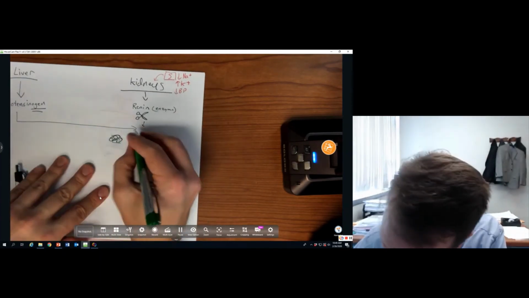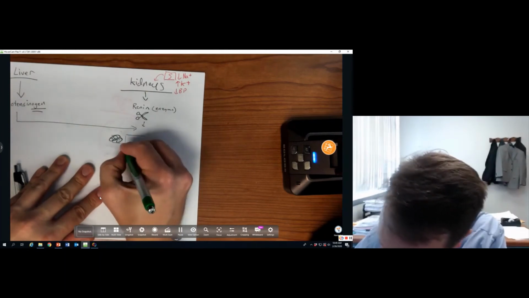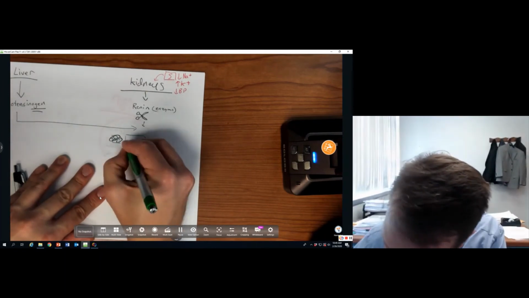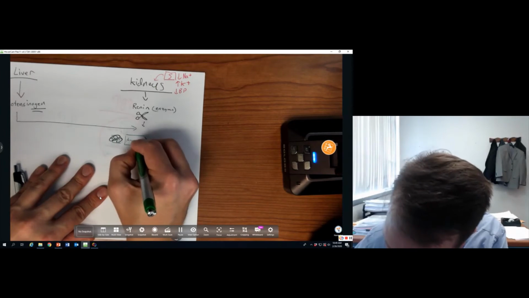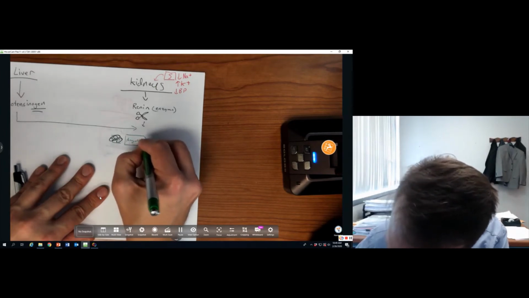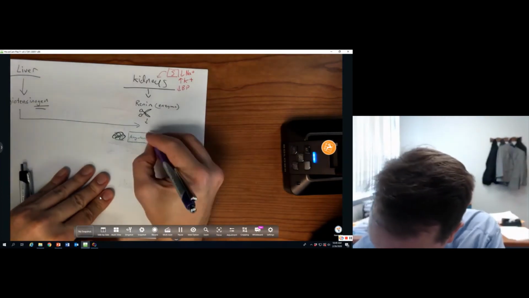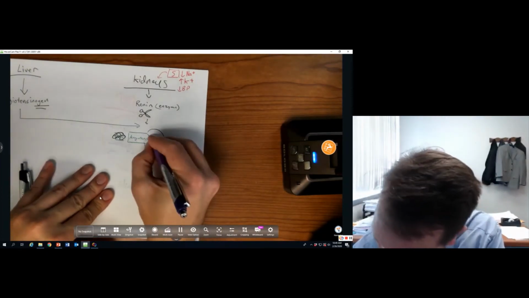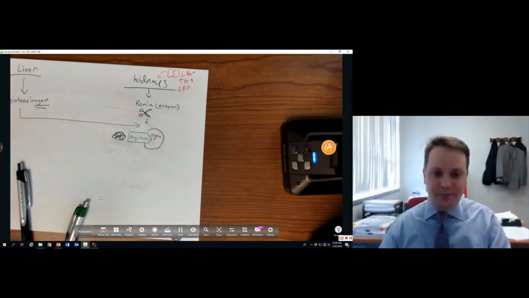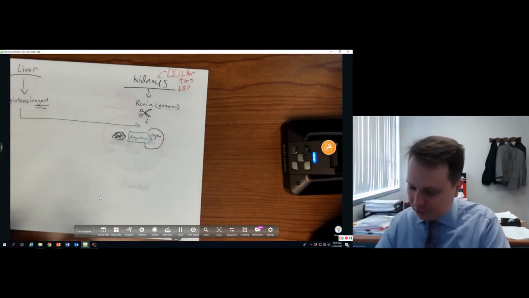Here I have angiotensin, and here I have ogen. Now, it's like a pair of scissors. What's going to happen?